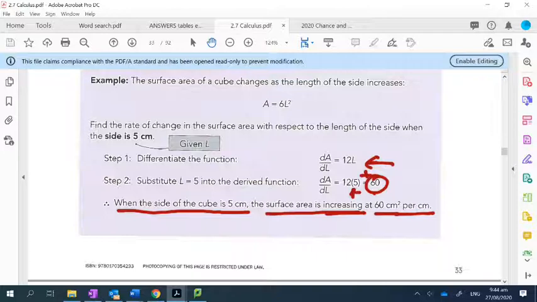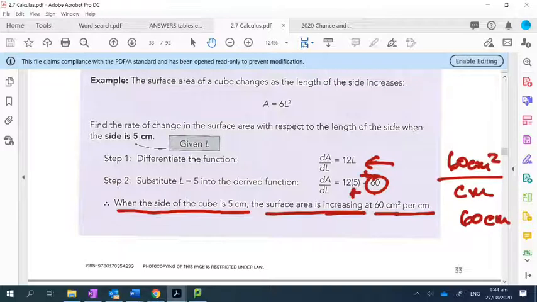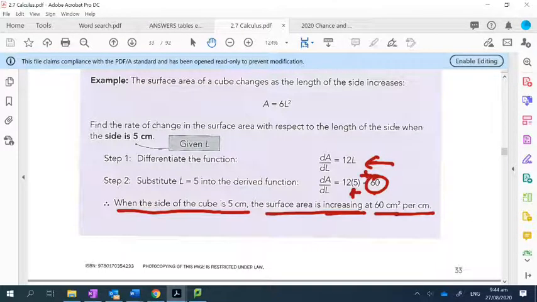Now, in reality, what would happen if you did that? 60 centimeters squared per centimeter is really just, yeah. But don't do that part. Don't simplify it out. I just wanted to mention it because some of you are going to want to build that as a fraction and then notice that the units would divide away. But talk about it in context using words. Okay?